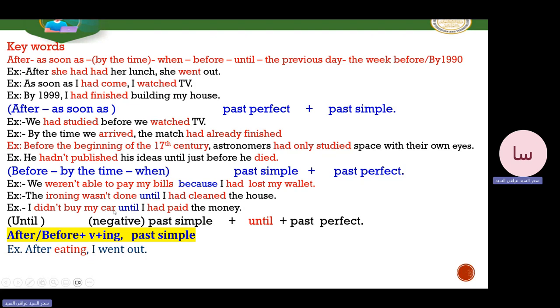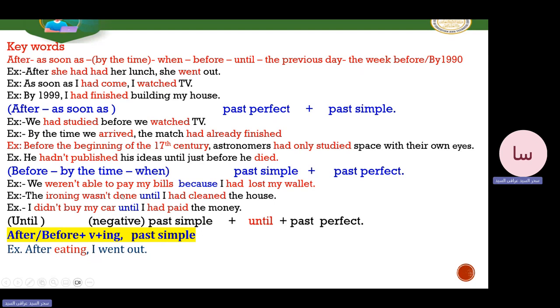I didn't receive my car until I had paid the money. So first I had paid the money, then I received the car. I didn't buy my car. Here it is an active sentence. The sentence before it is a passive one. The ironing wasn't done.